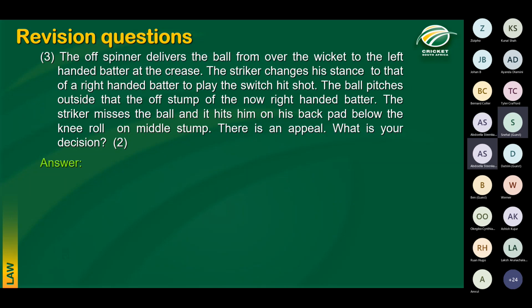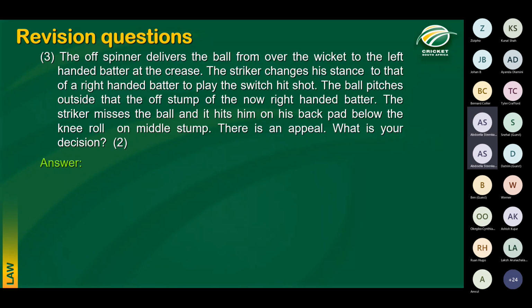His stance was left-handed. He's a left-handed batter, as I assume. When the bowler took his first step and was starting with his bowling, and later he changed his strike, and the ball was delivered on the off side of a right-handed batter, which is going to be outside the leg stump of a left-handed batter.